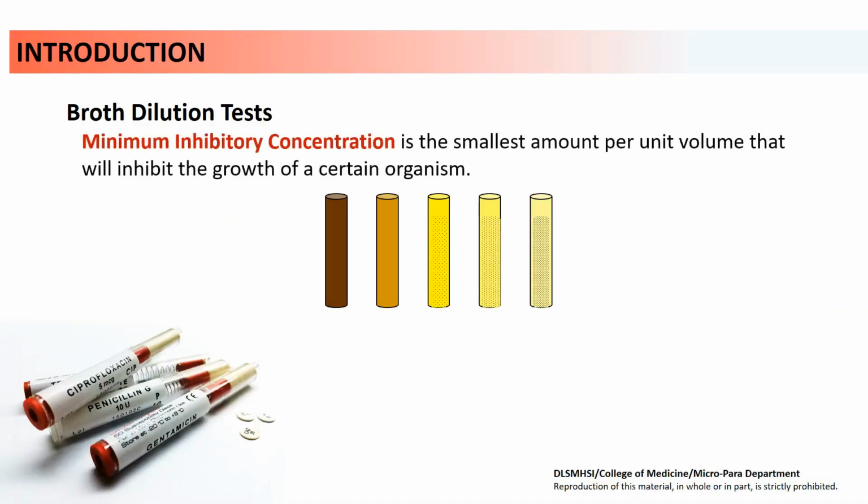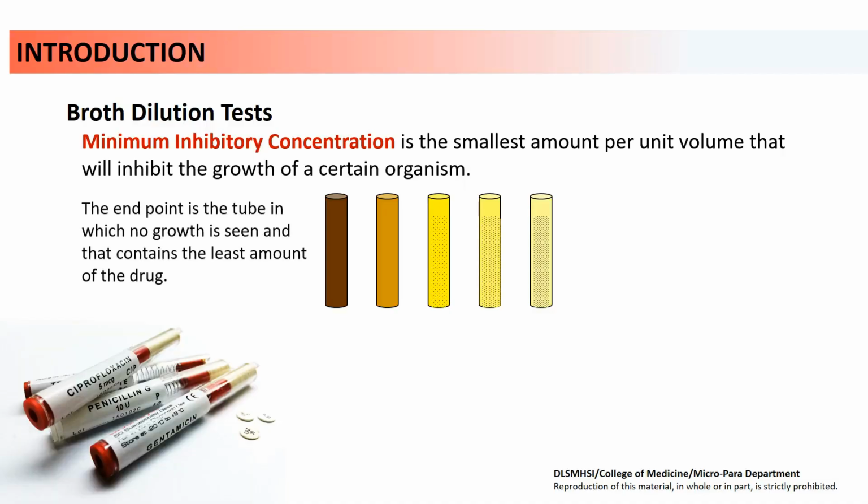An antibiotic's minimum inhibitory concentration, or MIC, is the smallest amount per unit volume that will inhibit the growth of a certain organism. The end point is the tube in which no growth is seen and that contains the least amount of the drug.